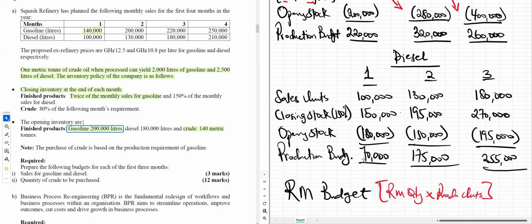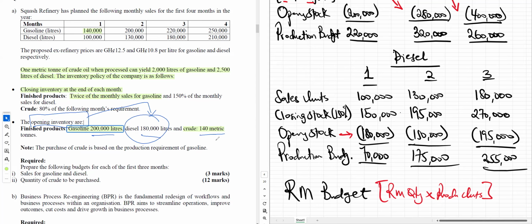For month 1, it's opening stock, and the opening inventory of 180,000 liters for gasoline, diesel, crude is given to you because there was no stock before the first month.